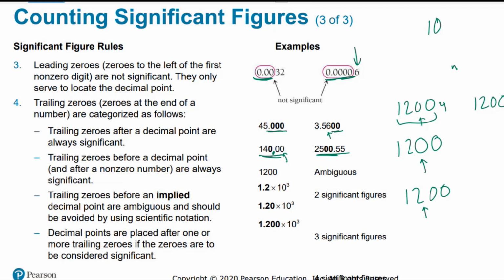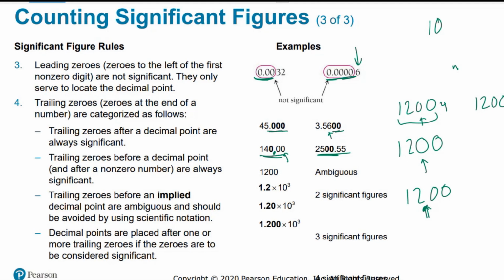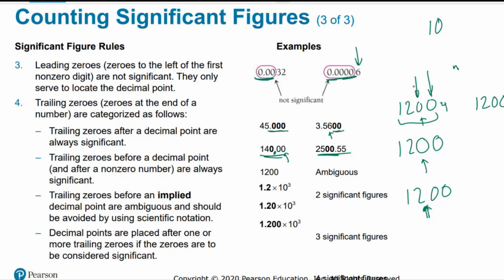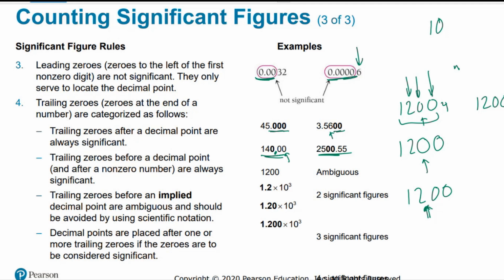It can't measure grams, right? So maybe my uncertainty is there. So we don't know. This is ambiguous if we don't have a decimal point. You don't know whether your uncertainty is here or here or here. It could be either of those 3 places. So we have to use scientific notation to make that unambiguous.